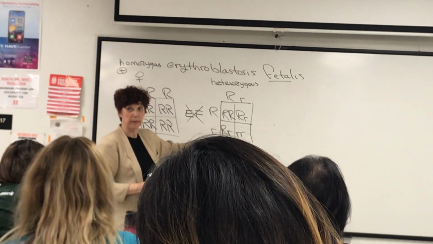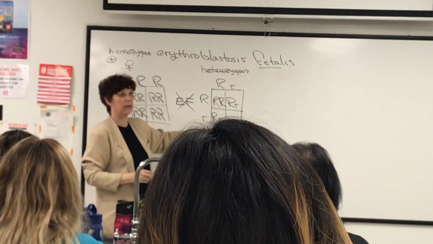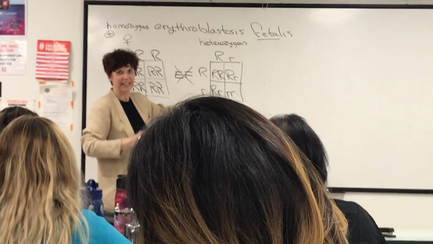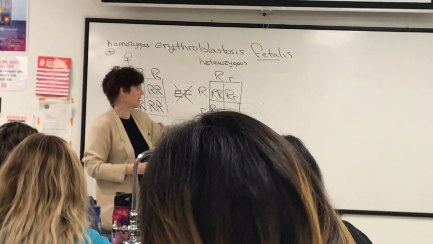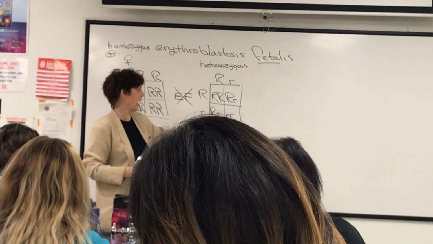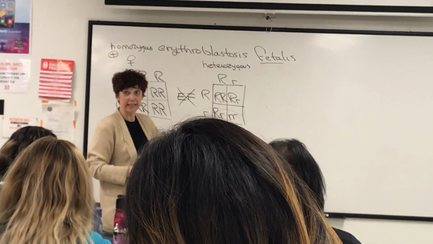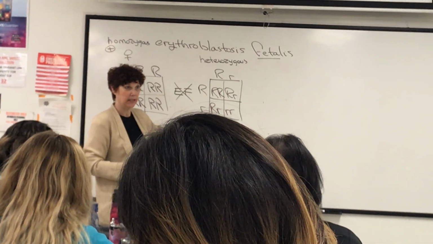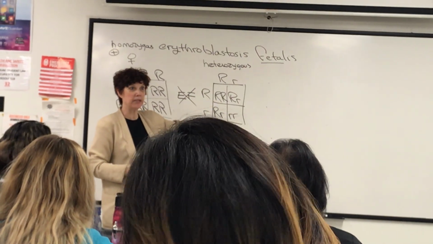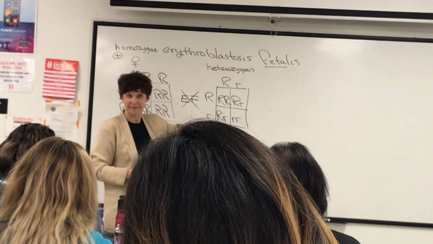There's a 75% chance that the child will be positive. We're not saying 3 out of 4 children, we're saying each time a child, the sperm enters the egg, there's a 75% chance that there will be a dominant gene present and the D antigen will be formed. Each child has a 25% chance of being negative.